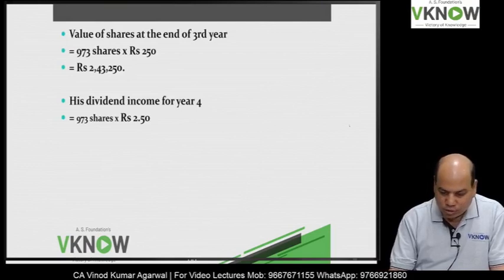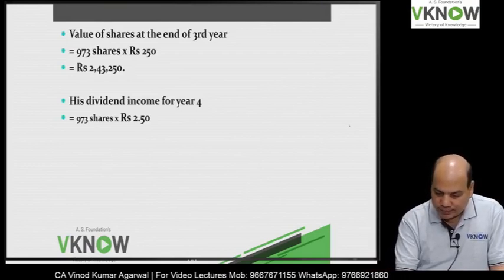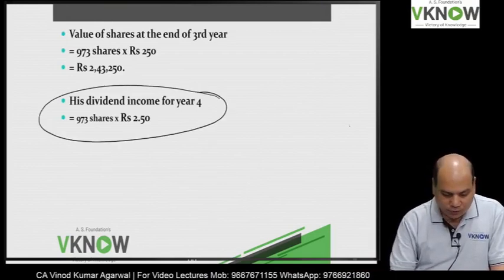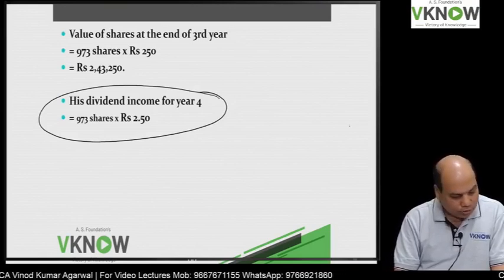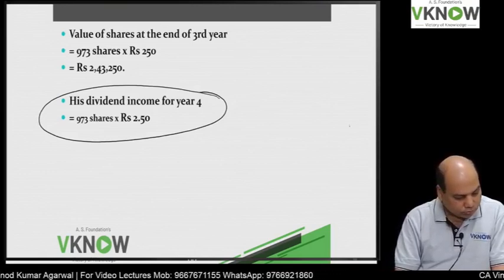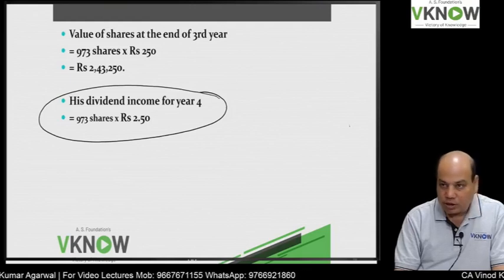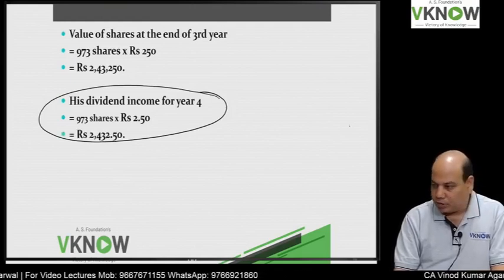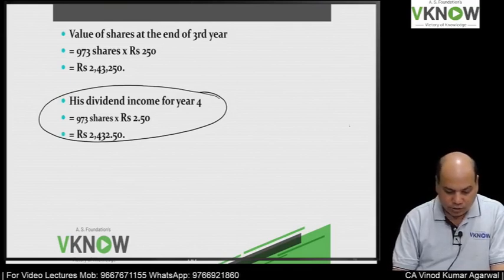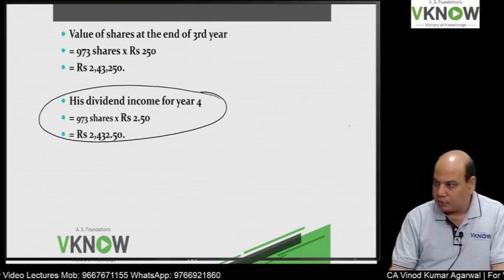Now write down one more line: his dividend income for year 4 will be 973 into 2.50.